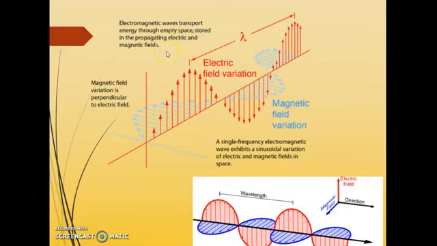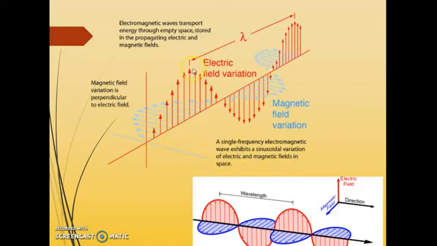We all know that electromagnetic waves can flow through vacuum, isn't it? So, how do they transport the energy? Through the storage in these two fields. And a single frequency electromagnetic wave, what does it do? It exhibits a sinusoidal variation of electric and magnetic fields in space.